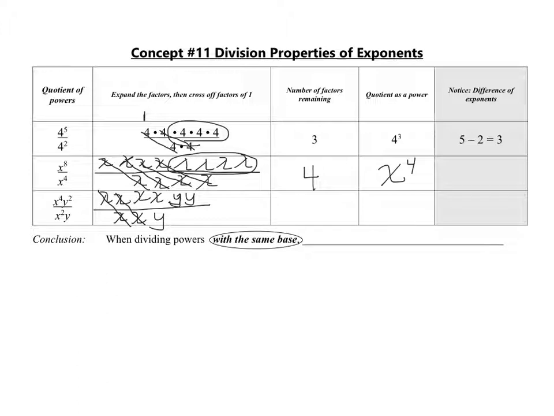And remember, 1 times anything is itself, which is why I'm not writing the 1s. And then I can cross out 1 set of y's because y divided by y is going to be 1. And so what I'm left with is 2 x's and 1 y. So I could rewrite it as x squared y.